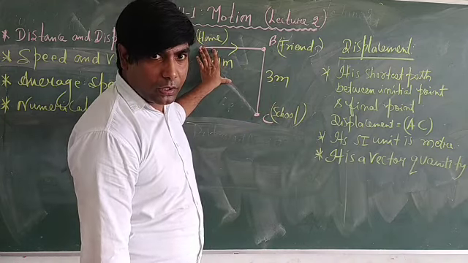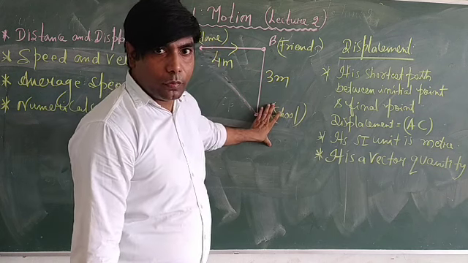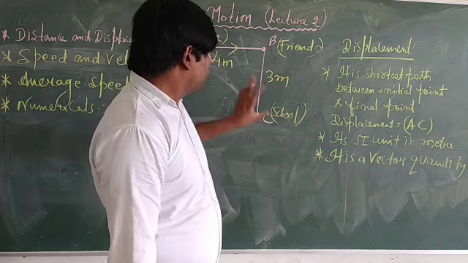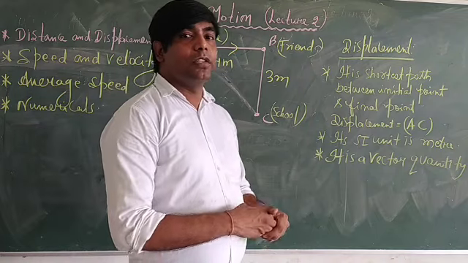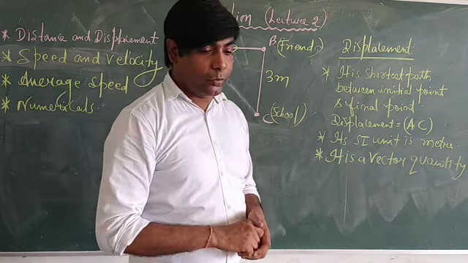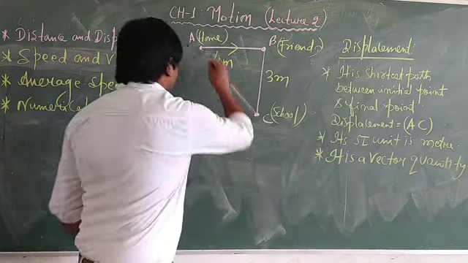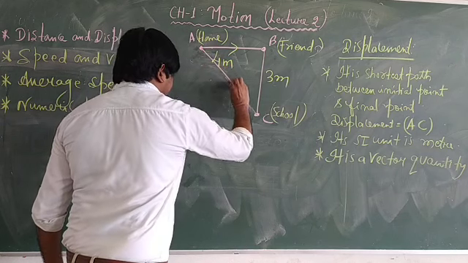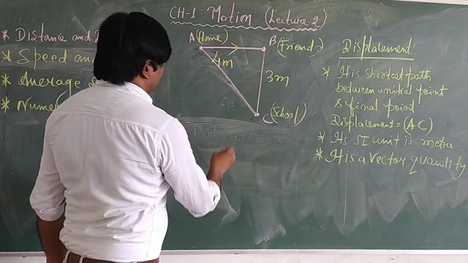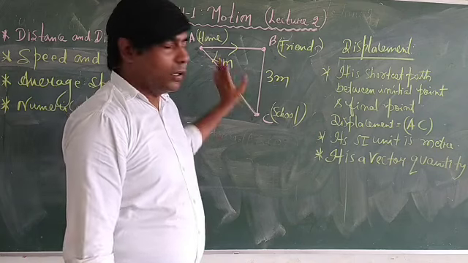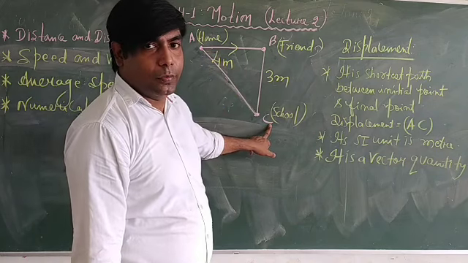Initial point is the start of the journey A and final point where you reached school is C. So this AC will be your displacement.